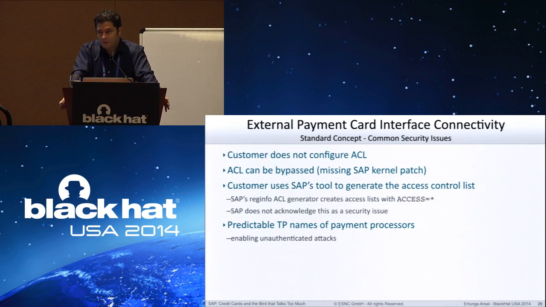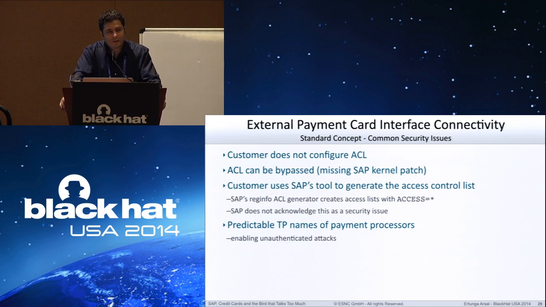The common issues we see are that the customer does not configure this access control list, or the customer doesn't have the proper SAP patch installed, which means the access control list can be bypassed even though it is actually configured. Another way to configure this is using SAP's program to generate the access control list. It analyzes the system and generates a very long access control list, but there is a catch.